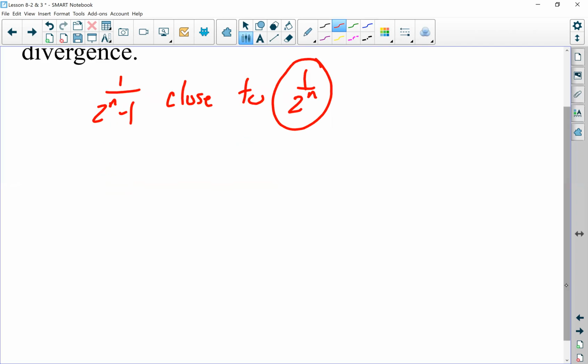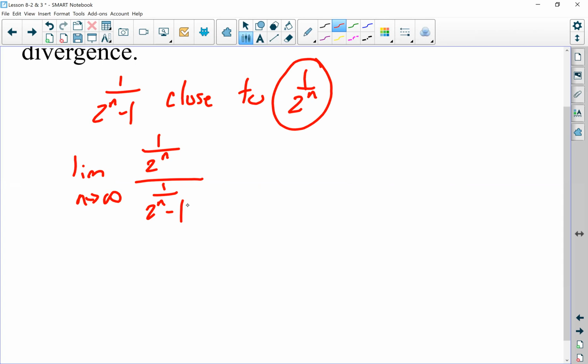I am going to compare it with 1 over 2 to the n minus 1 with the limit comparison test. And what I'm going to do is put my 2 to the n first in the numerator and 2 to the power of n minus 1 in the denominator.